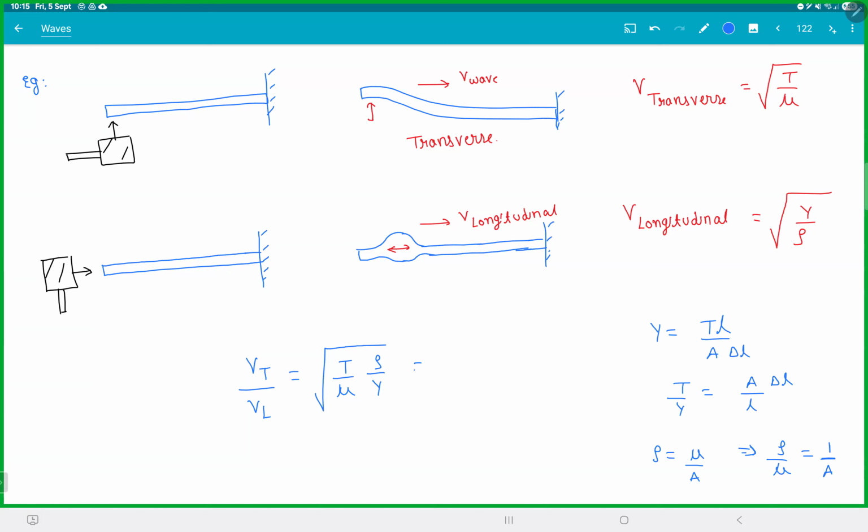So if you substitute all this, you end up with root over delta L by L. So V transverse by V longitudinal is given by root over strain. And we know generally strain is always less than 1. The body can't elongate more than its own length normally. Right? So that means V transverse is slower than longitudinal waves.